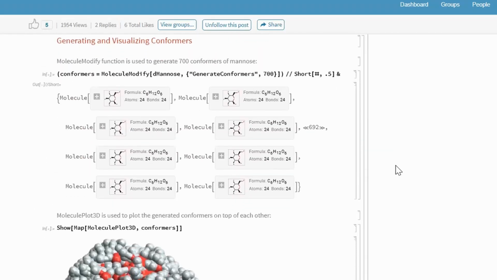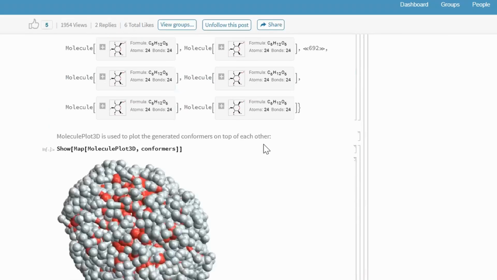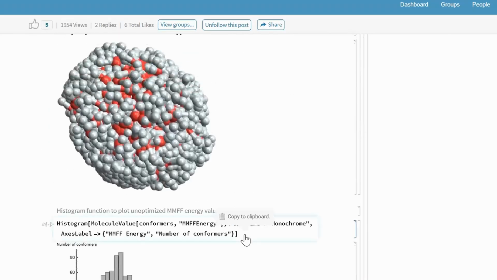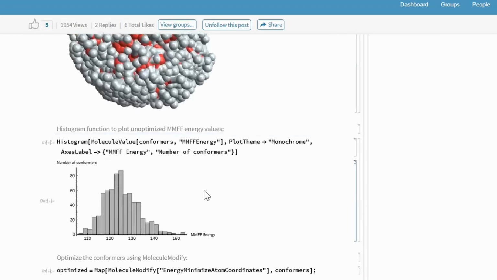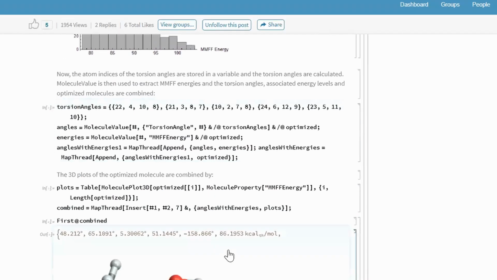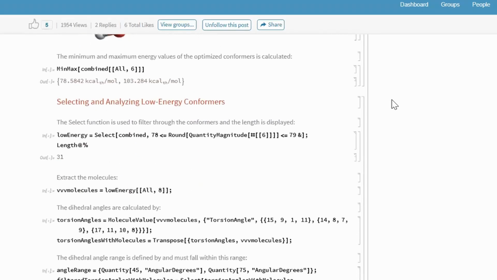And so further, we generate 700 conformers for this as well, and this is how it looks when plotted together. It's a really, really dense plot, and this is the histogram again. We look at geometrical optimization here as well.